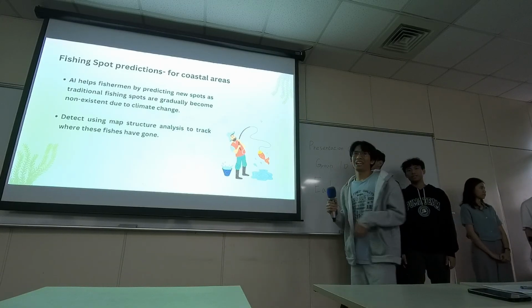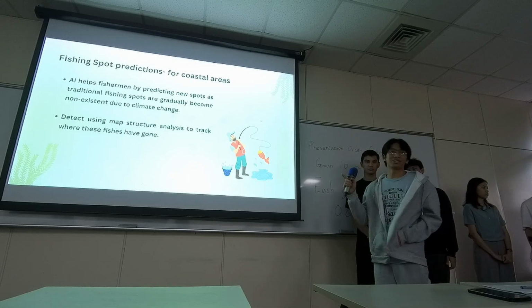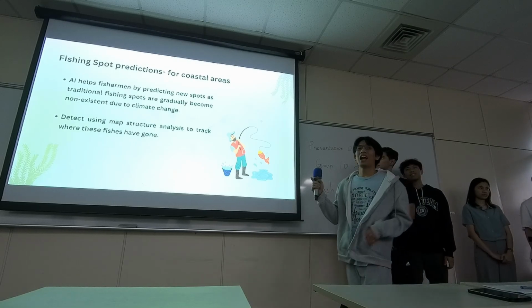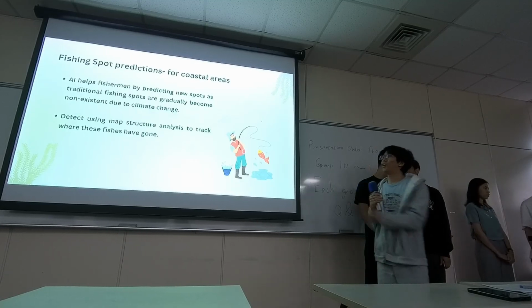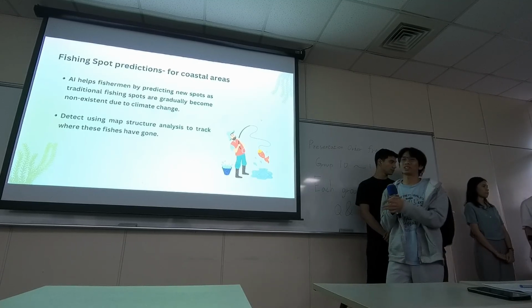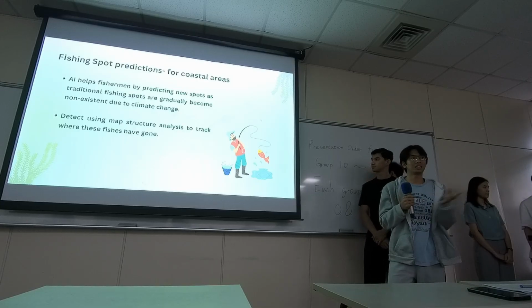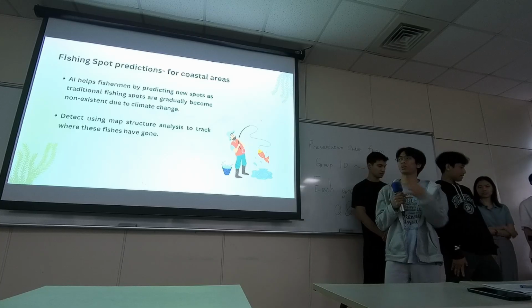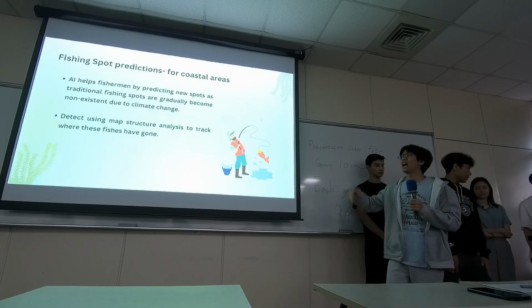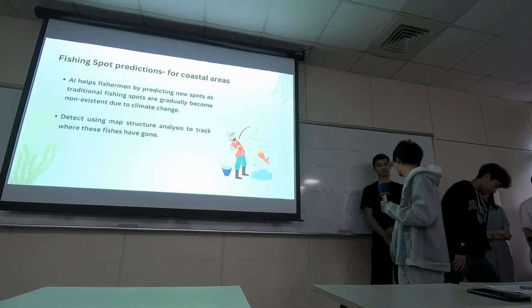And AI also offers vision for prediction in coastal areas, as traditional fishing spots are gradually becoming excessive due to climate change, and using sonar structure analysis to trace where the fish have gone.